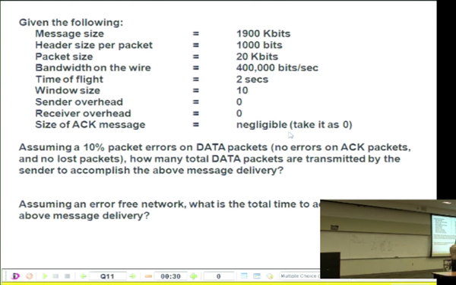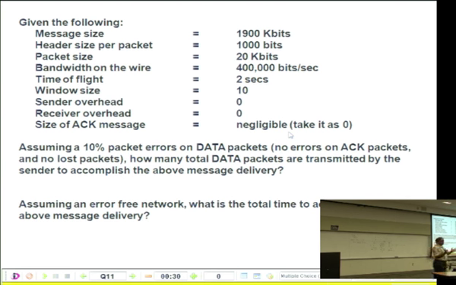That's a software overhead, and we made it 0 here, right? So S is the sender overhead, the protocol processing, software overhead, and R is the receiver overhead, the protocol processing on the receiving side. And TW comes from this bandwidth on the wire, and time of flight is 2 seconds. That's this term here, right?